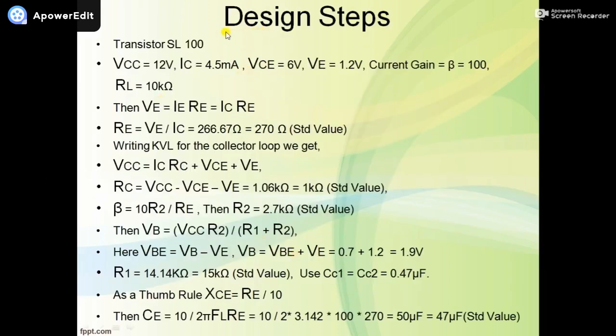The next thing is, what are the design steps we are using in this common emitter amplifier circuit? Consider VCC is equal to 12 volt, that is the supply voltage, IC is 4.5 milliampere, VC is 6 volt, VE is 1.2 volt, current gain factor 100, and RL is 10K.